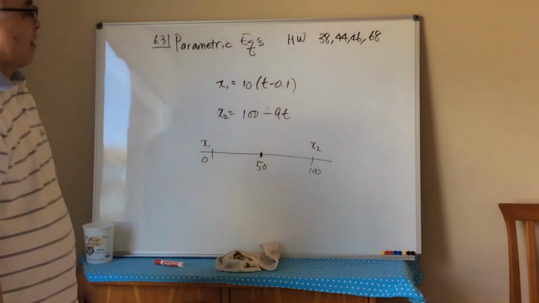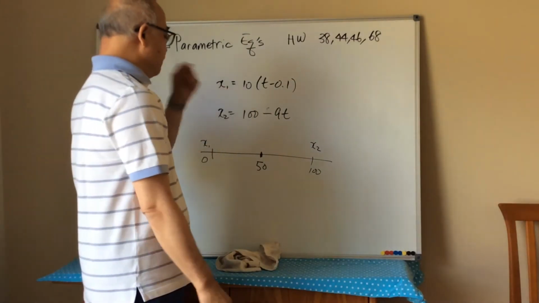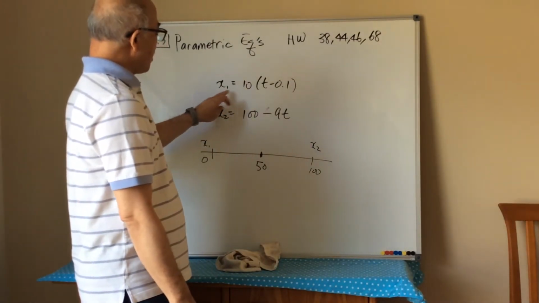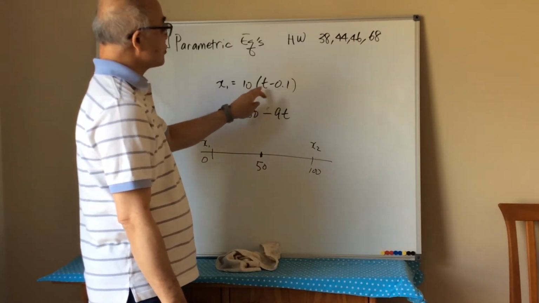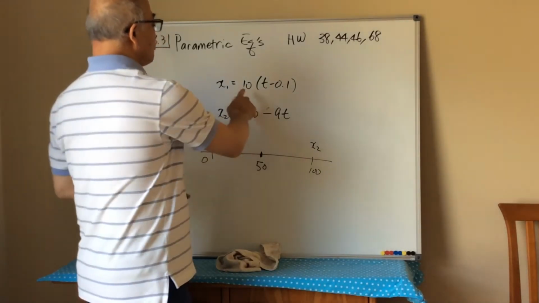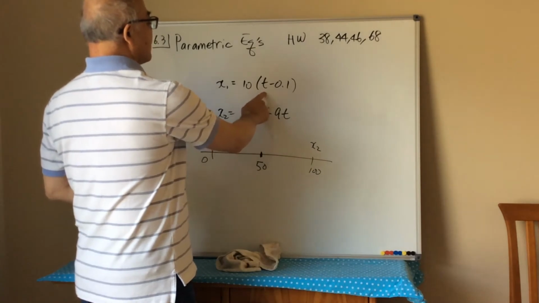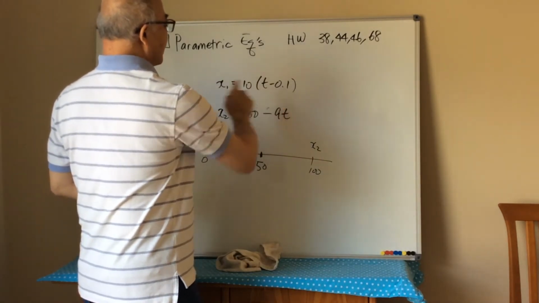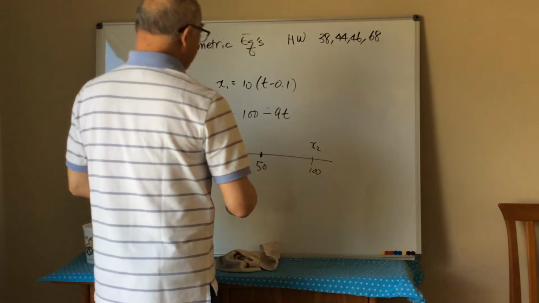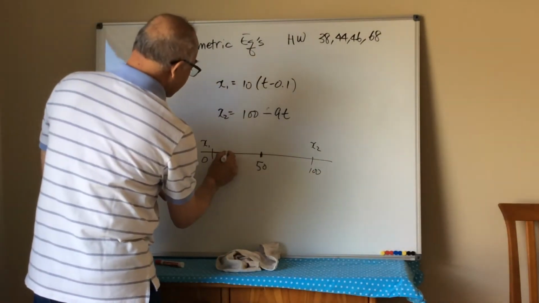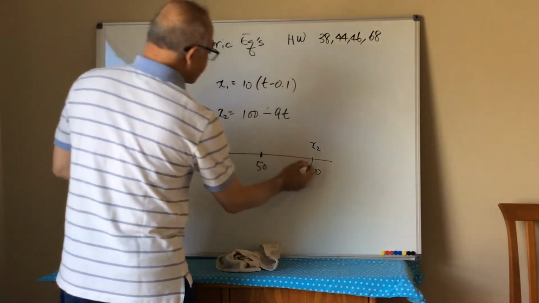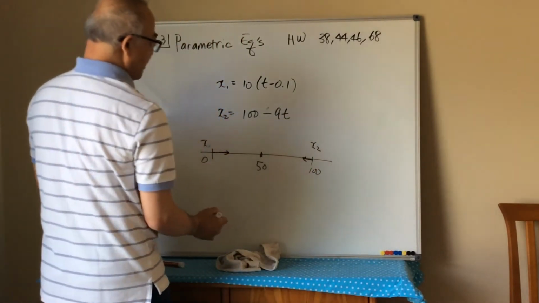Okay? So as you can see, x1 is 10t minus 1. So in other words, it would be just normally 10t, but he hesitated for 0.1 seconds. And so he's going in this direction, whereas x2 is going this way.